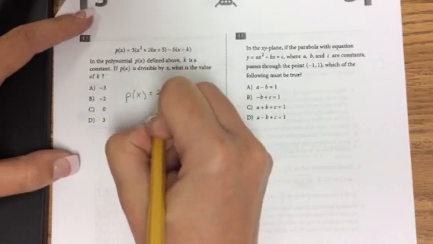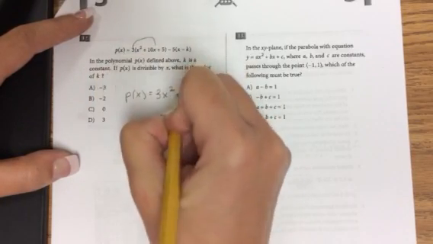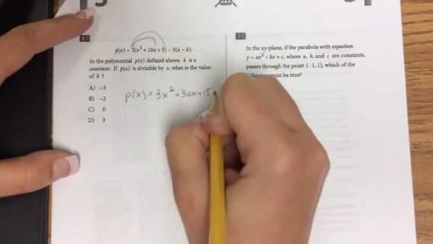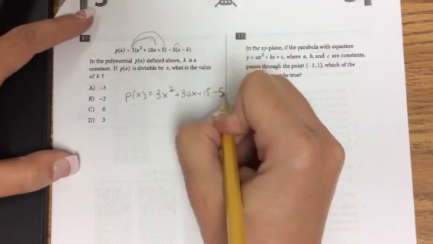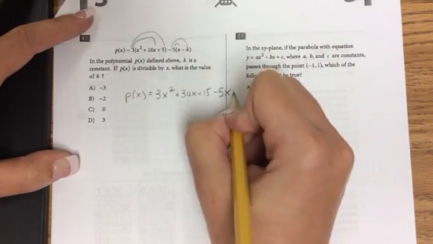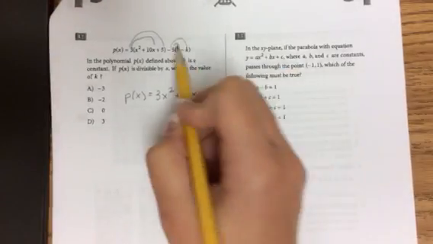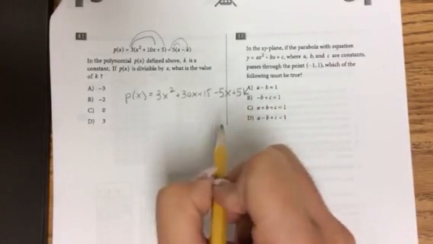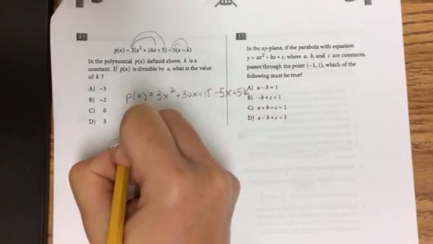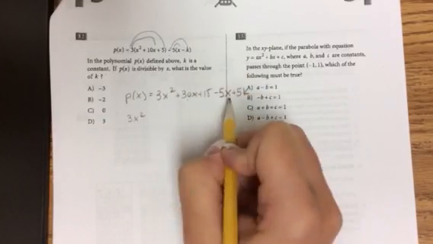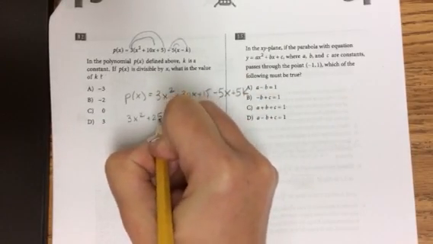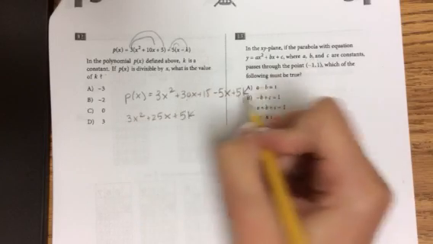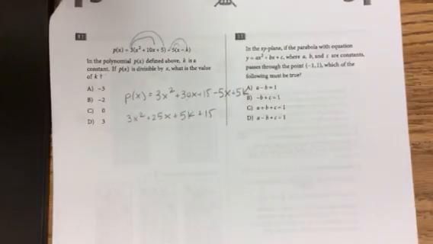So 3x squared, distribute this 3, plus 30x, distribute the 3, plus 15, minus, distribute the 5, 5x, distribute the 5, plus 5k, because a negative times a negative is going to equal positive. Okay, I'm going to combine like terms here. I have 3x squared. The 30x and the negative 5x is going to be plus 25x. I have a 5k here that's by itself, and then I have the plus 15.